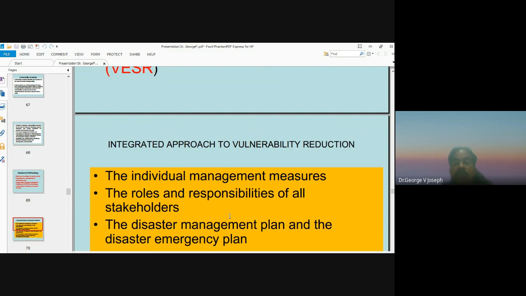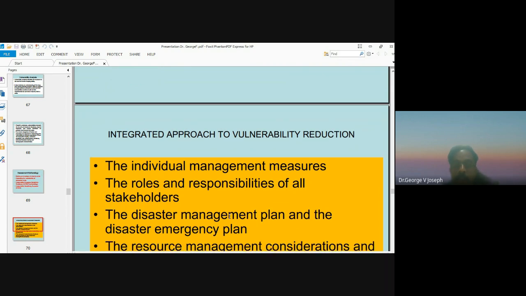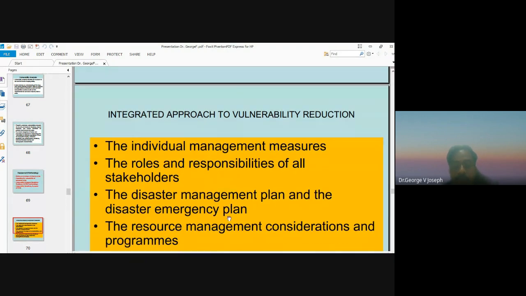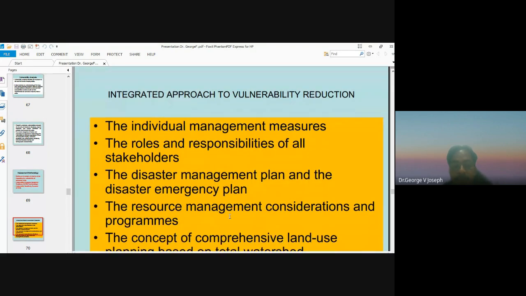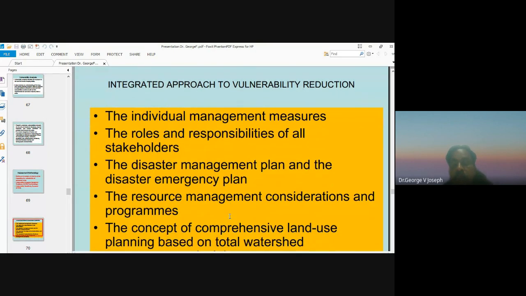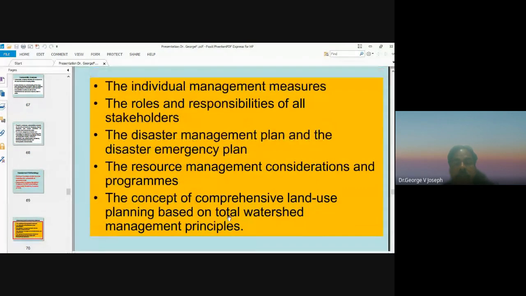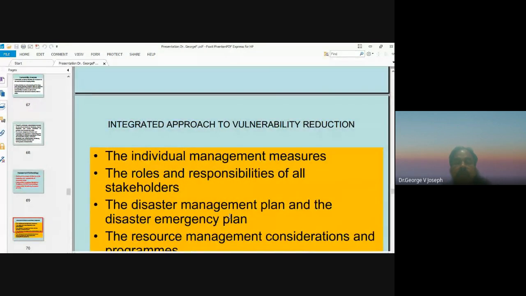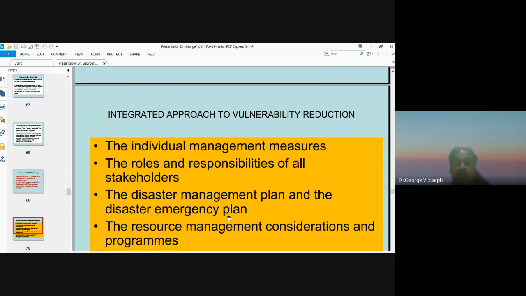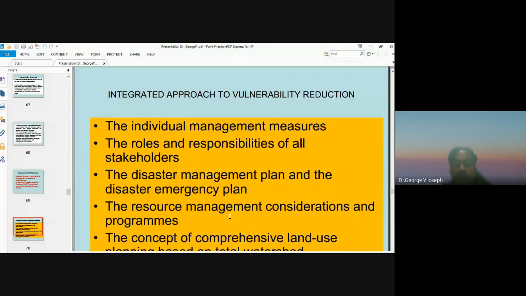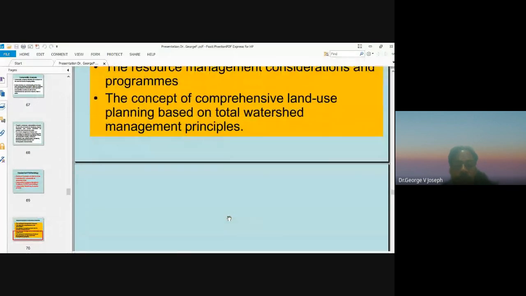For that, you need to have a proper plan, and whether these roles and responsibilities are divided and given to various stakeholders: a disaster management plan, then disaster emergency plans, resource management considerations and programs, and comprehensive land use planning based on total watershed management principles. All of this needs to be integrated, not only at the individual or community level, but at a comprehensive level. We need to have plans and resource management systems. All this should be in place.